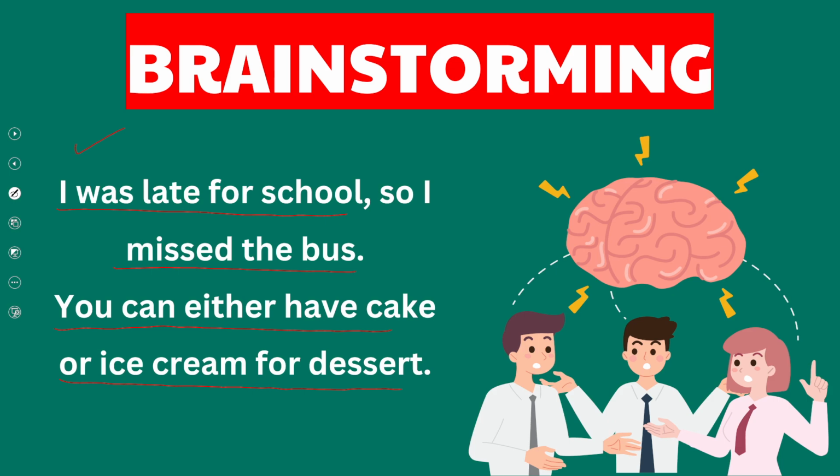Now, students, can we point out transitional words or transitional devices or conjunctions in these two sentences? Yes. So here we have the word so, and in the second sentence we have our transitional word or conjunction either.